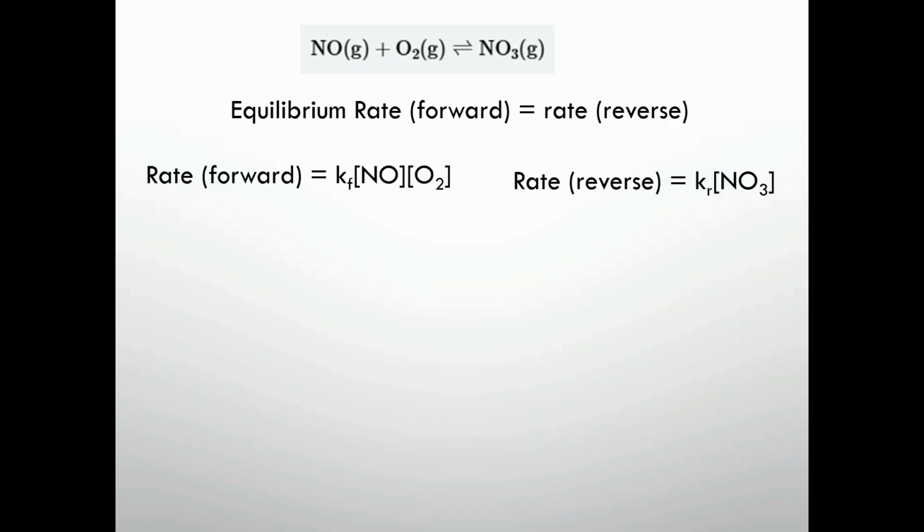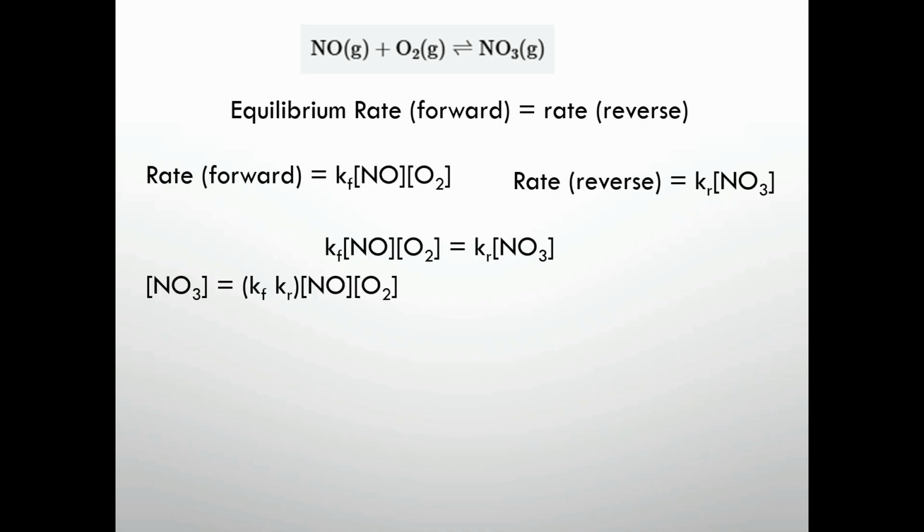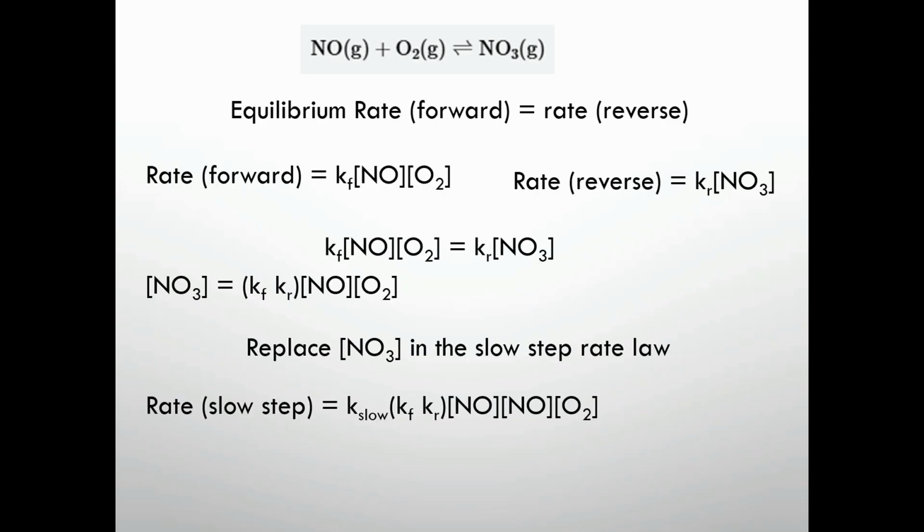So the rate forward is k times NO times O2. The rate reverse is k times NO3. I set those two equal. NO3 is now some k value times NO times O2. Replace that into the slow step, and I get rate equals k times NO squared times O2.